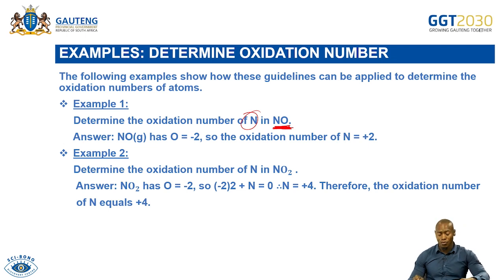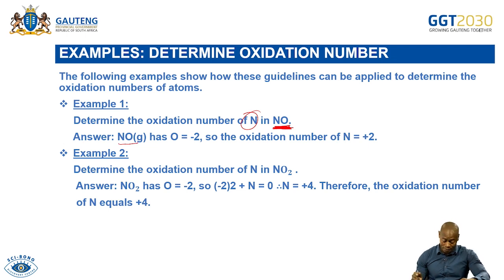What we know is that the oxidation number of oxygen does not change, right? It's always negative 2, except when it comes to peroxides. So this is not a peroxide, so we expect its oxidation number to be negative 2. So that is the oxygen atom. What is this?